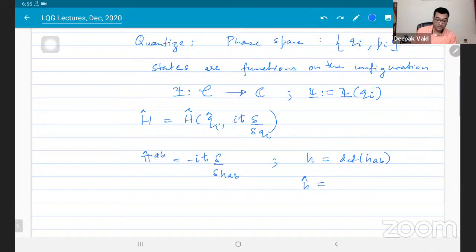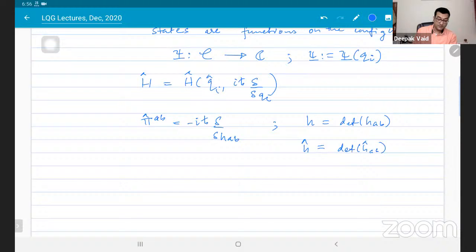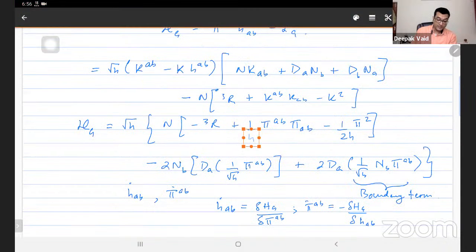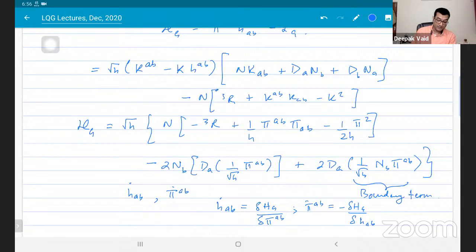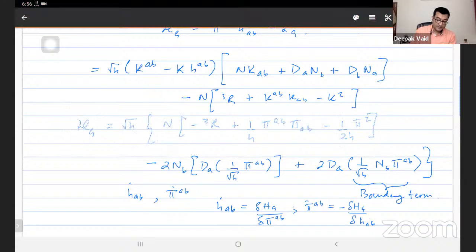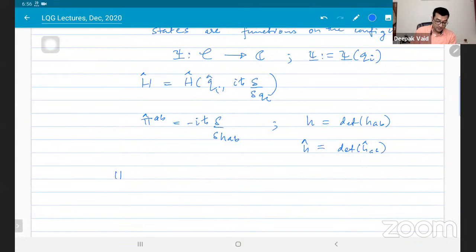So there will be a corresponding operator for this. And your Hamiltonian has a dependence on the inverse of this quantity. Okay. So this means that it has a non-polynomial dependence. So the Hamiltonian is non-polynomial in configuration and momentum variables.